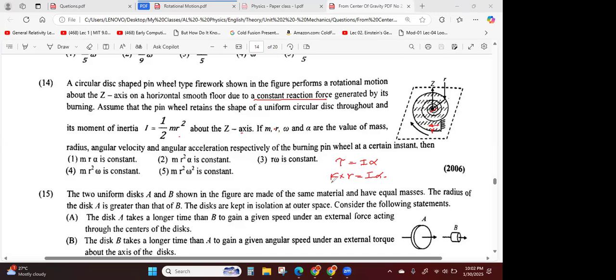So we'll simplify this. Force into radius equals I alpha. It's a disk, so you have to consider the shape of a uniform circular disk: half MR squared is the I, into alpha. Then if you simplify, this R and this R cancel, so F equals half MR alpha. Therefore, since this force is constant, this quantity should be constant.